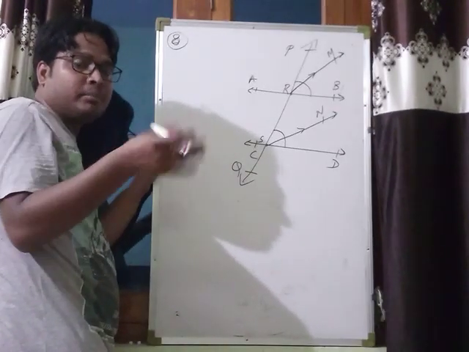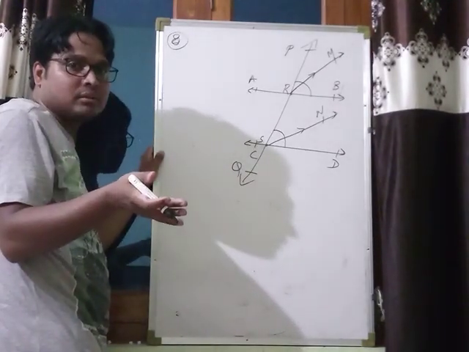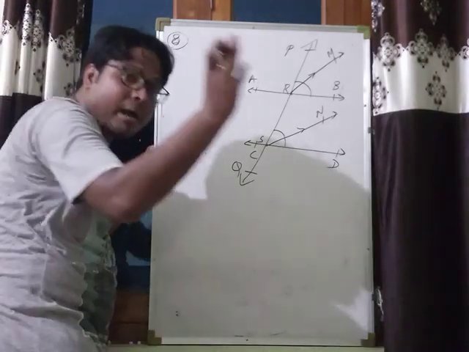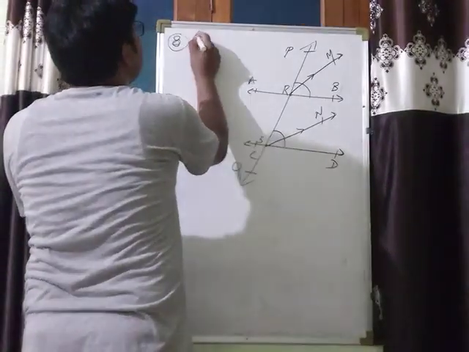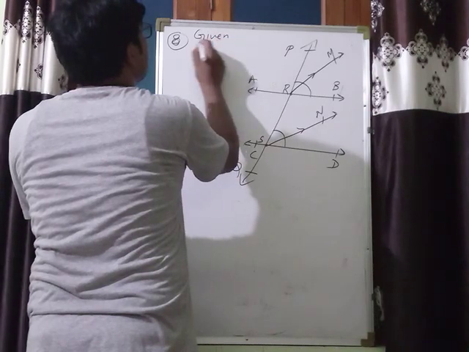Bisectors of any pair of corresponding angles are parallel. Means what is given here? What is given?